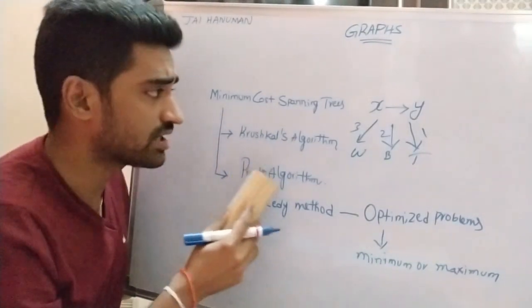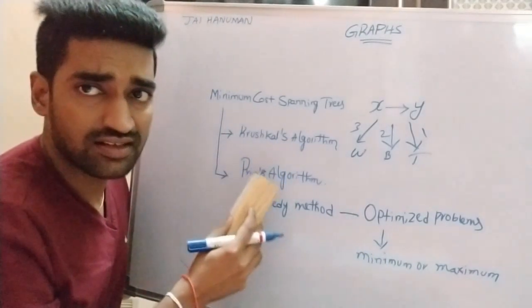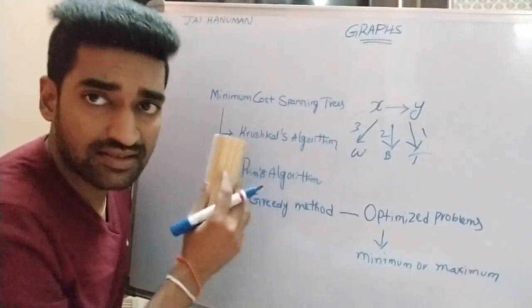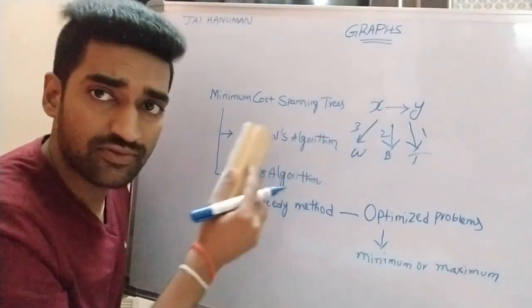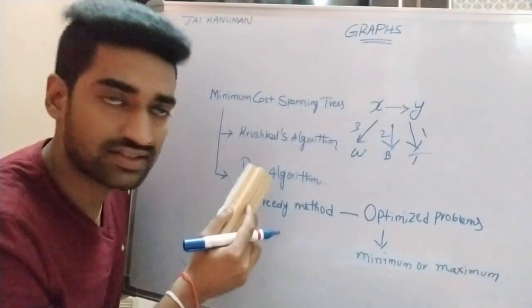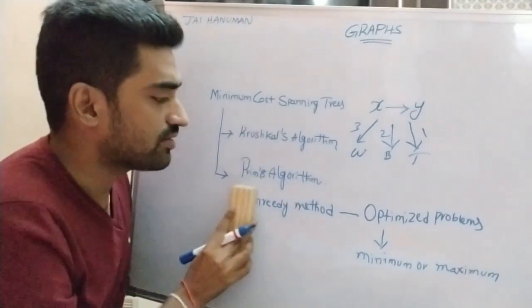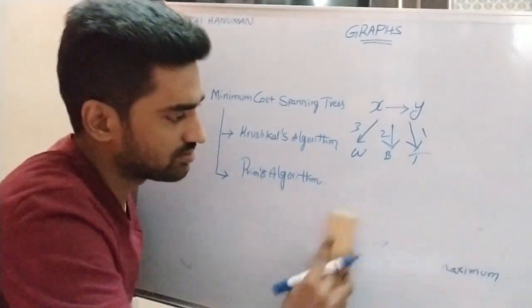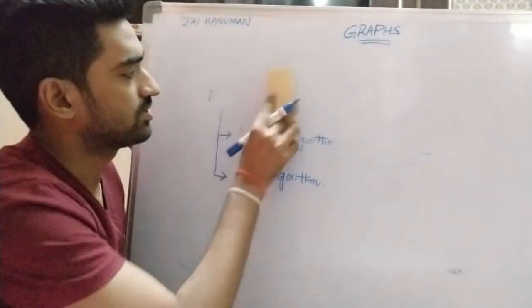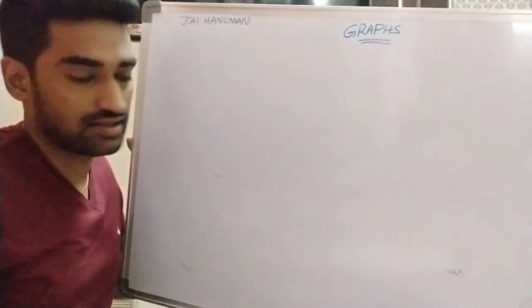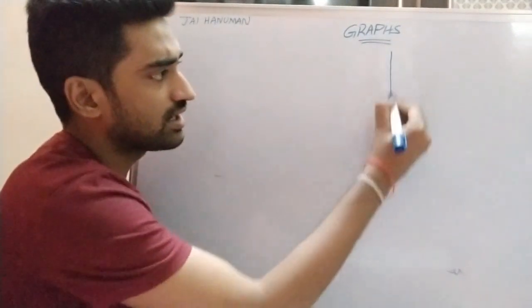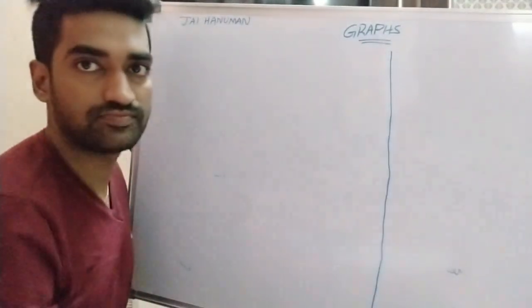First of all, I am writing the algorithm for Kruskal's. Then I am taking one weighted graph. Based on Kruskal's algorithm, I can find the minimum cost spanning tree for a given weighted graph. So what is the first algorithm? Kruskal's algorithm. Here I am writing the algorithm for Kruskal's.